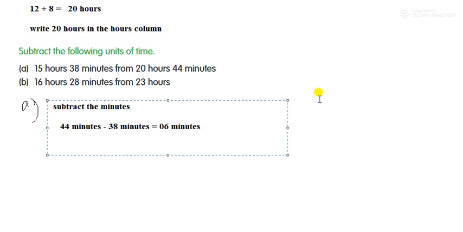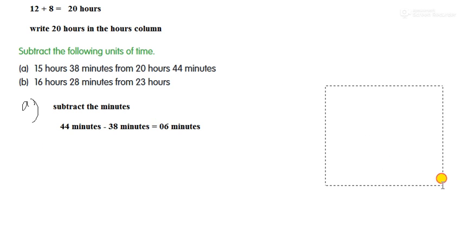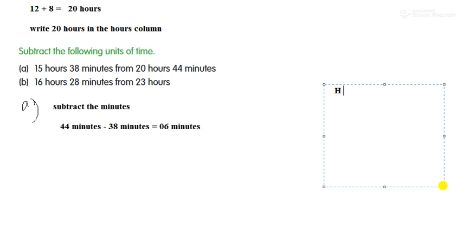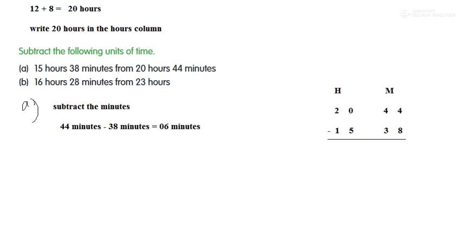Now we have to write it in columns, with hours and minutes. First 20 hours and 44 minutes, minus 15 hours and 38 minutes.